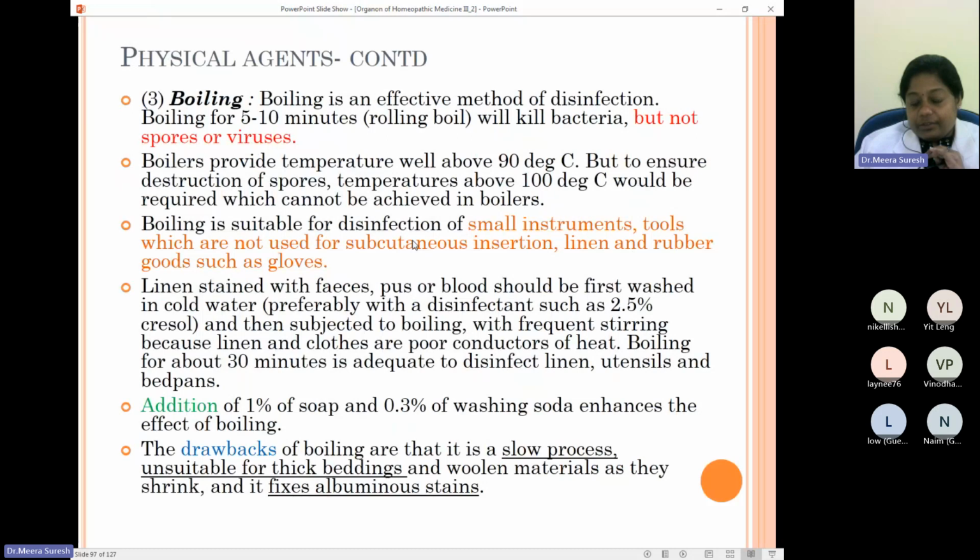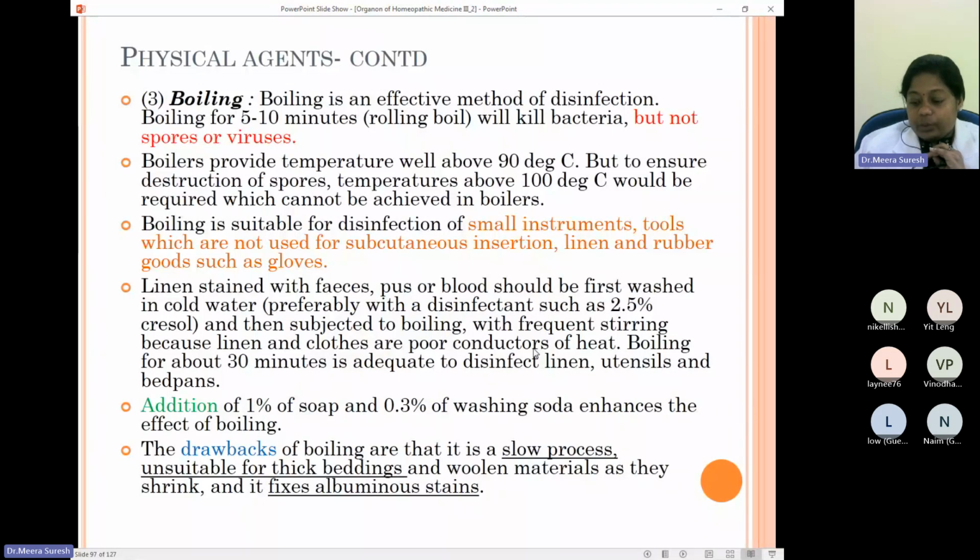Boiling is suitable for disinfection of small instruments, tools which are not used for subcutaneous insertion, linen, and rubber goods such as gloves. Linen that has been stained with feces, pus, or blood should be first washed in cold water, preferably with a disinfectant such as 2.5% Cresol, and then subjected to boiling, with frequent stirring, because linen and clothes are poor conductors of heat.